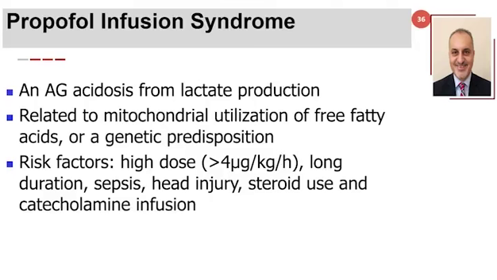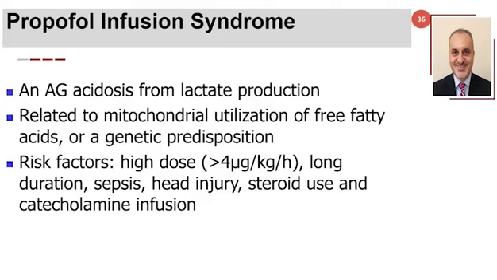A propofol infusion syndrome, one of my friends talked about this before. There are definitely many more people who read about this disease rather than actually seeing the disease itself. Usually propofol is metabolized by an RBC enzyme. For whatever reason, sometimes patients might start using it as a source of energy, especially when you use it in high doses with underlying hepatic disease or renal problem.